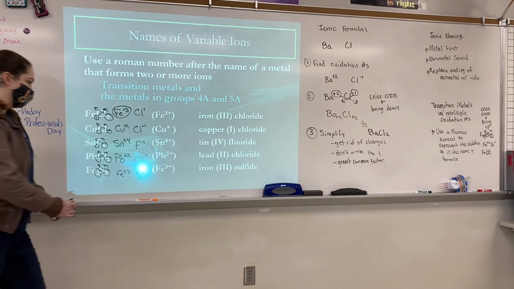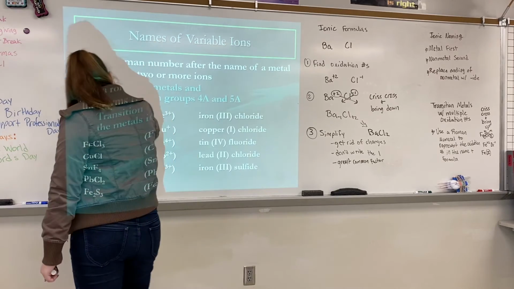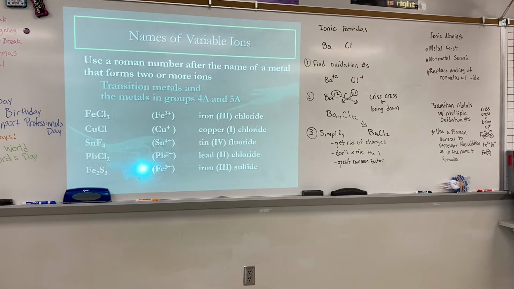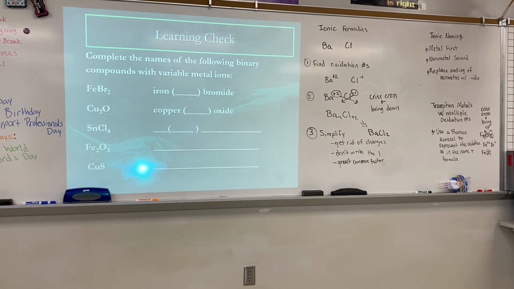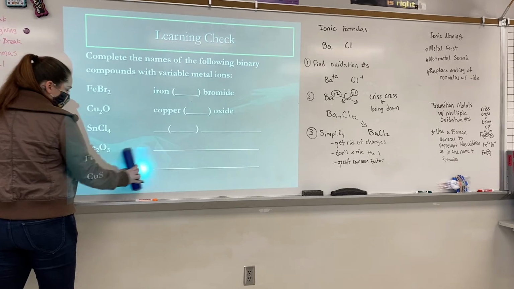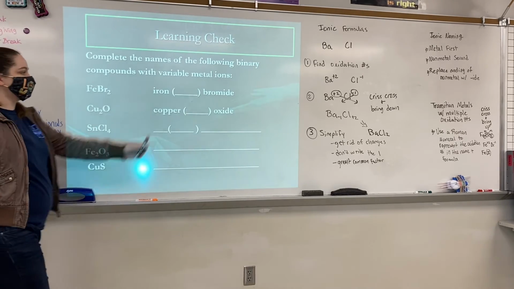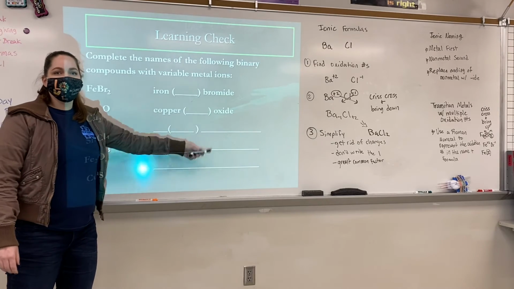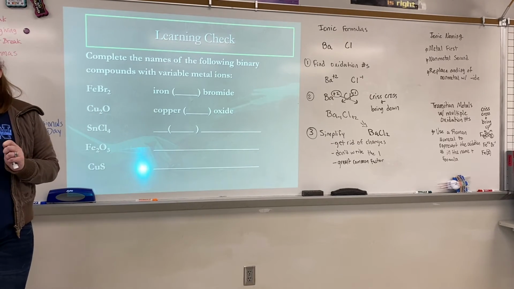Okay? Alright, so now I want you to try these. So the first two, all I want you to do is figure out what Roman numeral number should go here. And then these 3, I want you to write out the entire name. Yes, ma'am.